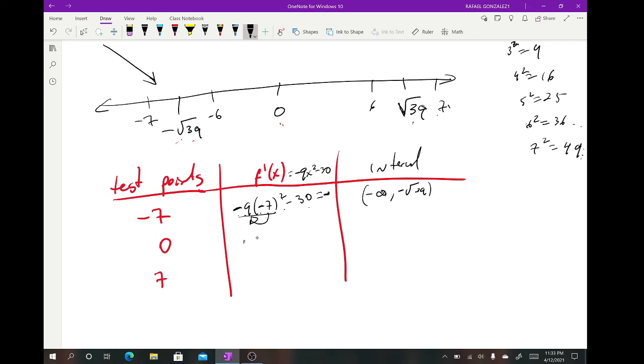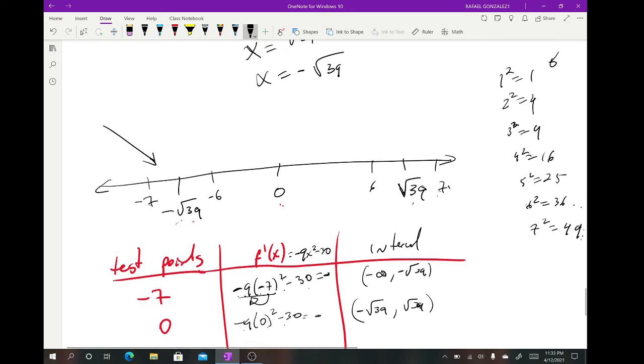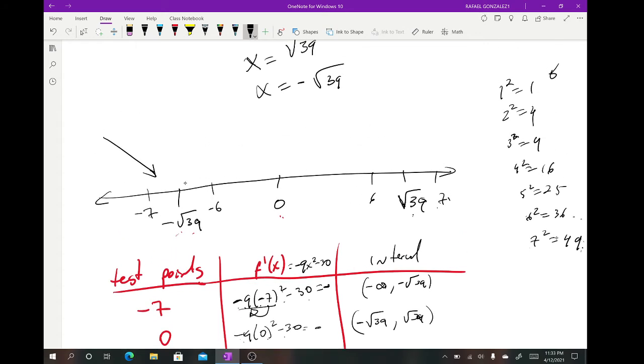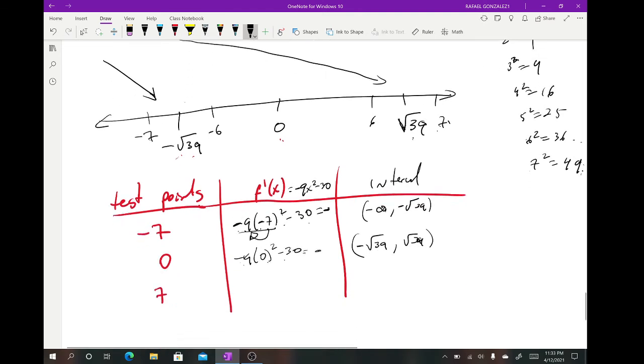Now, for 0, what do we have? Well, -9 times 0 squared minus 30. We have simply -30, so that's negative. So that means that on the interval negative radical 39 to radical 39, we're also decreasing.